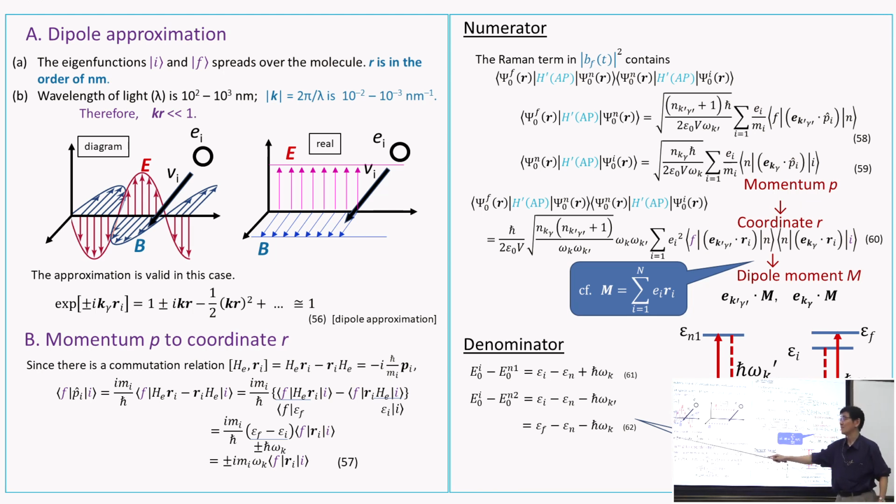As far as kr is small, it's a good approximation. The second and latter terms become much smaller than the first term. So we can assume that the exponential term is nearly equal to unity. This is the so-called dipole approximation. Dipole approximation. This relationship allows us to make the equation much simpler. This is the first idea.